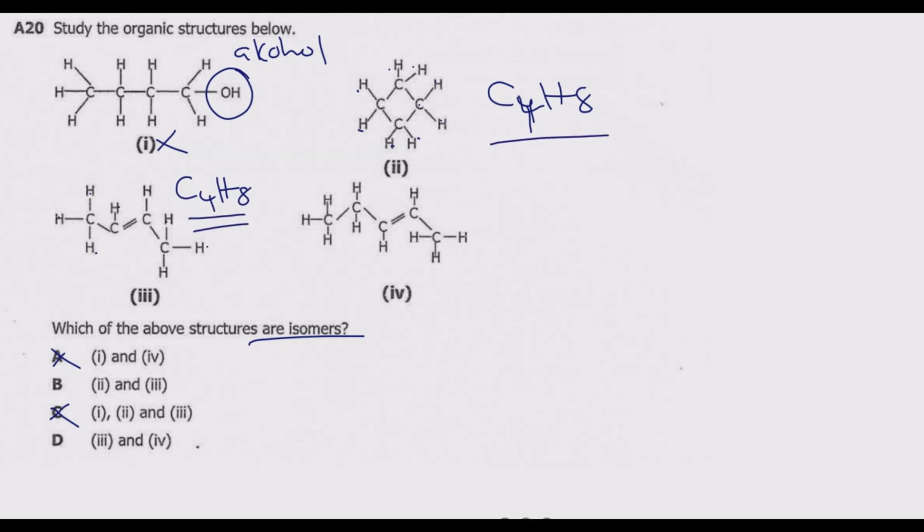We go to number 4. We have 1, 2, 3, 4, 5 carbons. Then how many hydrogens? 1, 2, 3, 4, 5, 6, 7, 8, 9, 10. So what you notice is that this one and this one are out. So it's basically number 2 and number 3, which is basically B. So B is the correct answer.